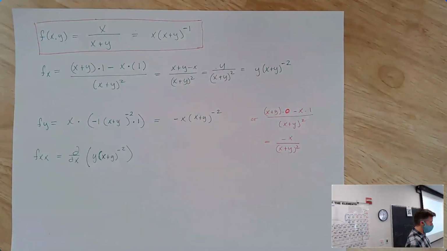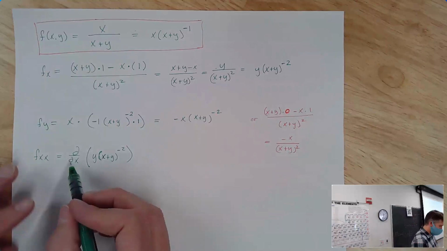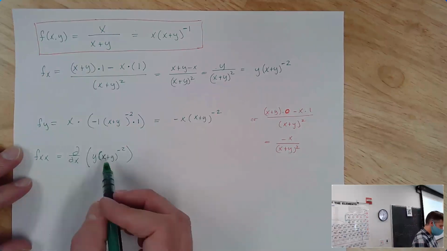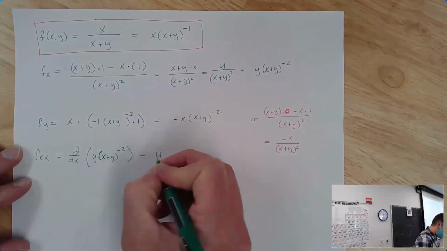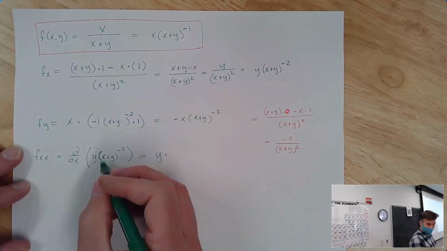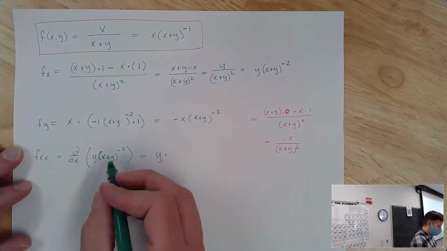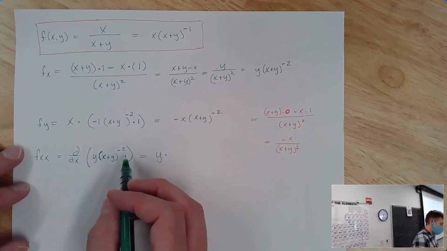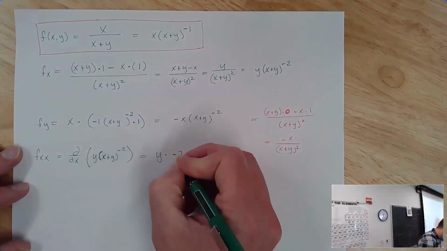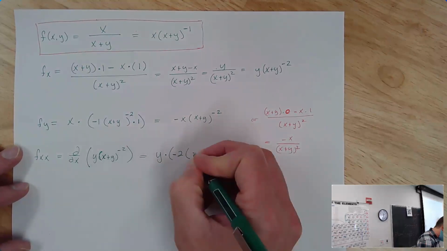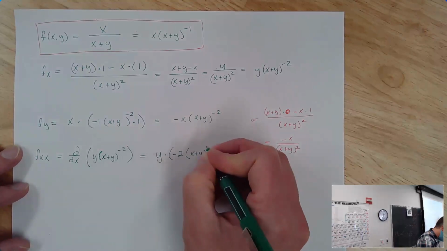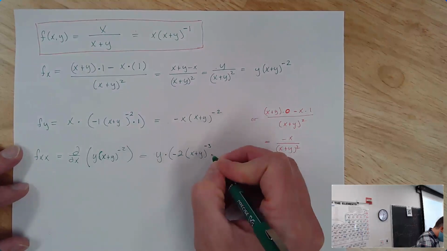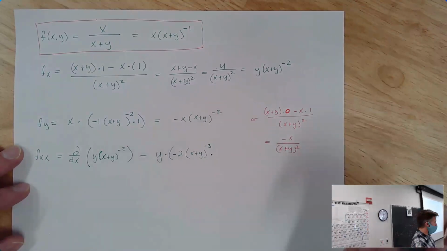Luckily, y is just pretending to be a constant here. So the derivative of a constant times some function is the constant times the derivative of that function. And the derivative of some stuff to the negative second power is -2 times that stuff to the negative third times the derivative of the stuff.